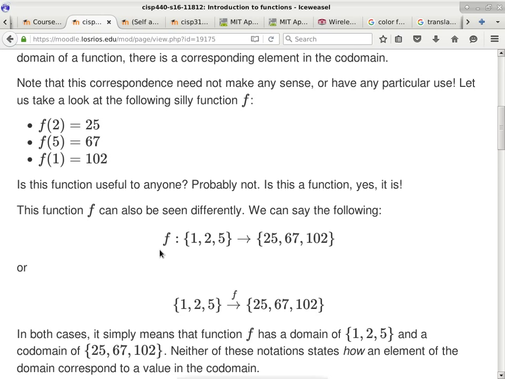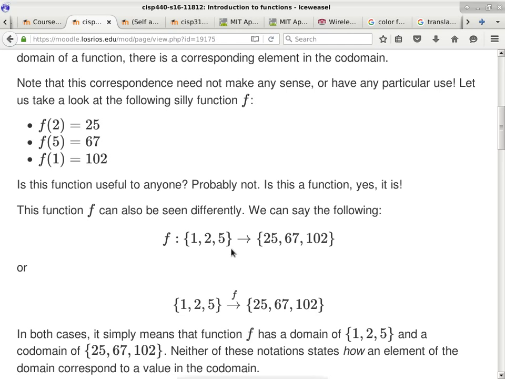To describe function f, I can describe it this way. In this notation, this is the name of the function, or the symbol that you want to use to denote that particular function, followed by a colon, which basically says f has the following property. The first set is called the domain. These are the values that can be put into the parentheses when you say f of something.